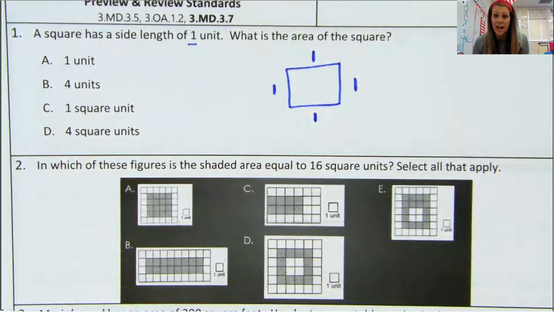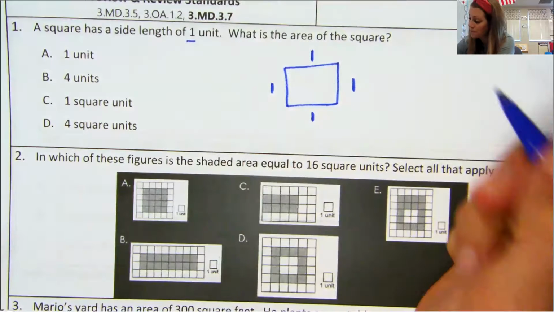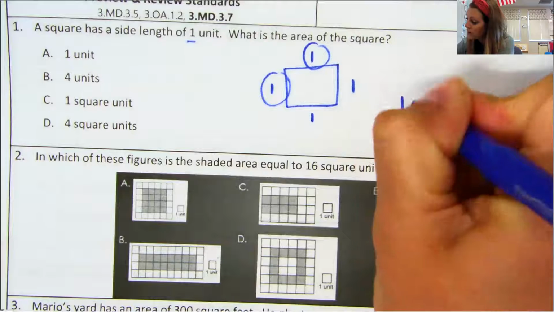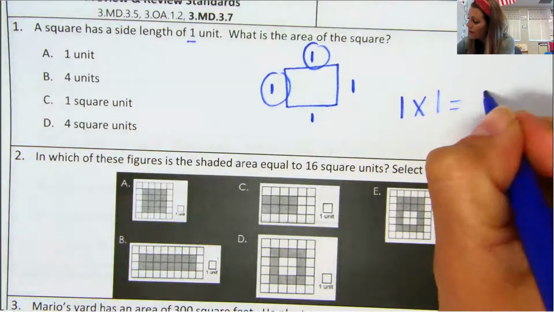So each side is 1 unit. Okay? And how do we solve area? We know, hopefully, that we do length times width. So 1 times 1 equals 1.